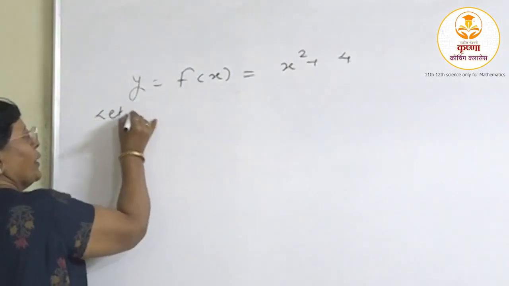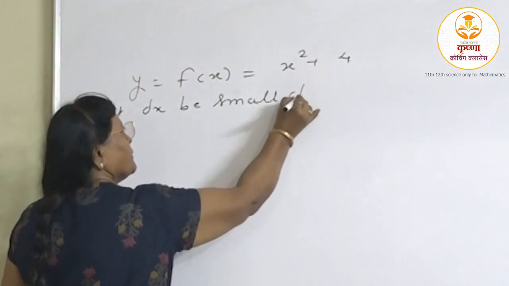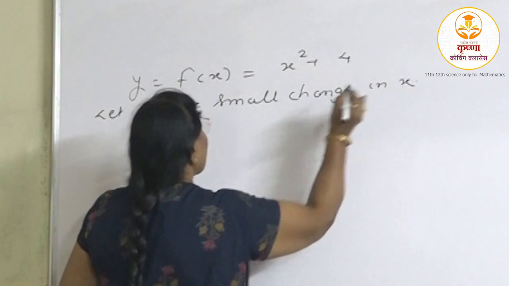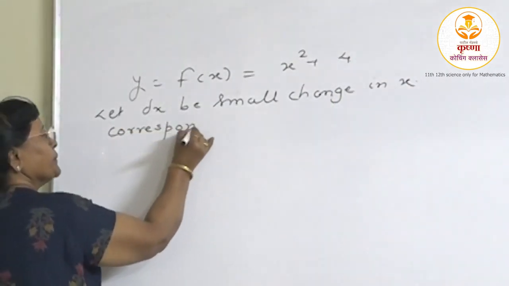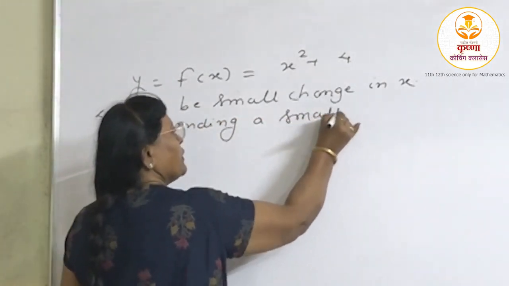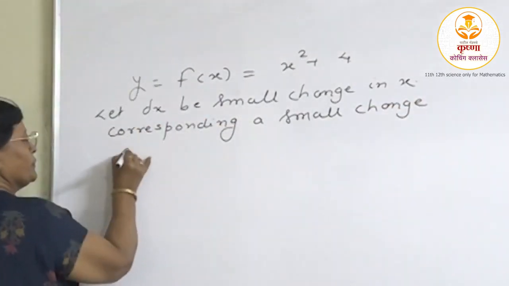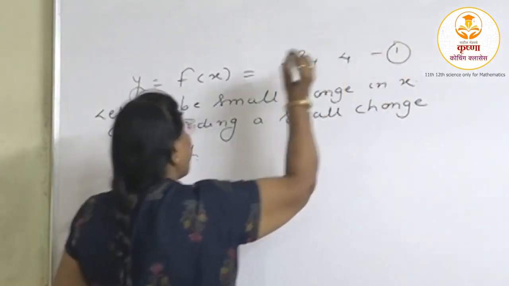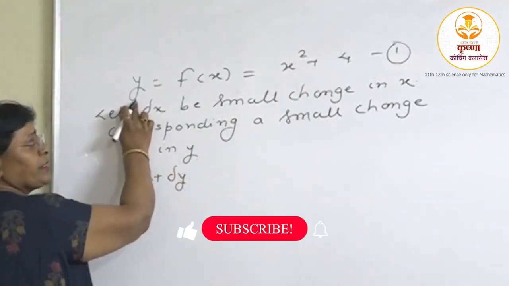Let del x be the small change in x, and corresponding a small change del y in y. Therefore the expression 1 becomes y plus del y, because I have considered changes in x and y.